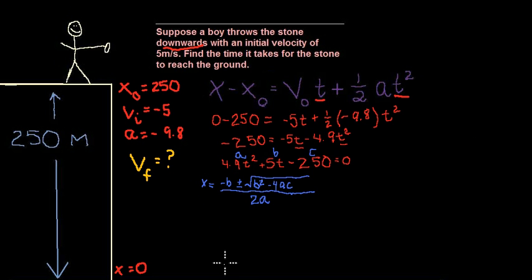But when you do the calculation, since you're doing a plus and a minus, of course, anytime you do the quadratic formula, you'll get two answers. In this case, I got t equals 6.65 seconds when I added them.